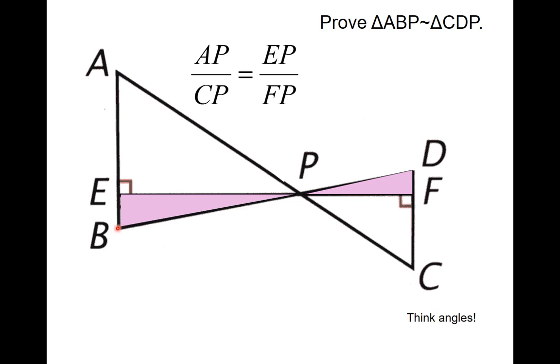Yep, we're going to go with the long leg of the left-hand triangle to the long leg of the right-hand triangle and set it equal to the hypotenuse of this larger triangle compared to the hypotenuse of the other triangle. So there's the proportion that we can write: EP to FP as BP to PD because the triangles are similar.